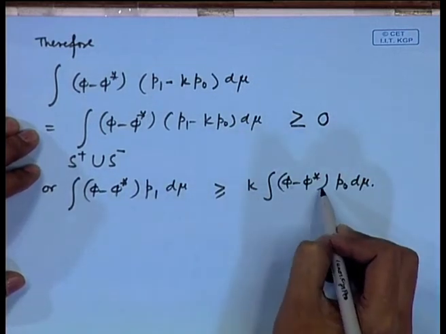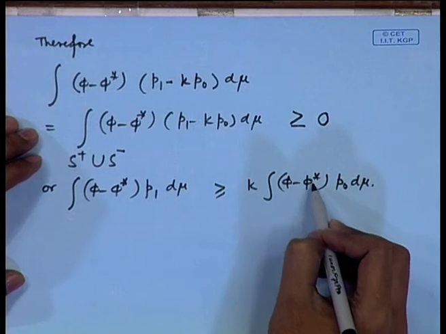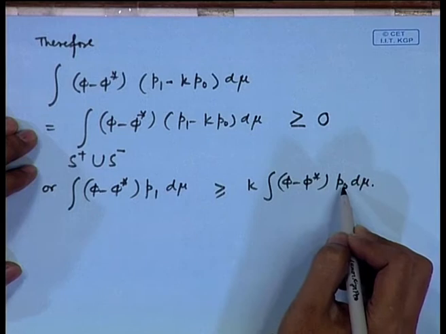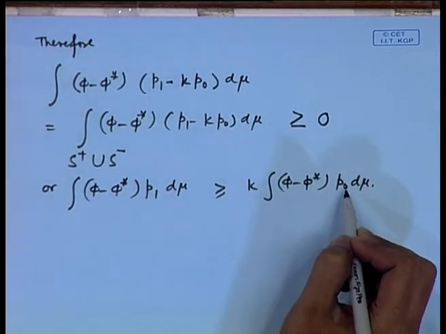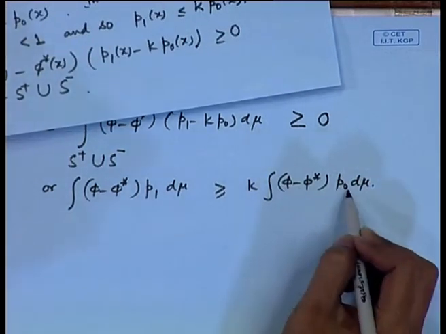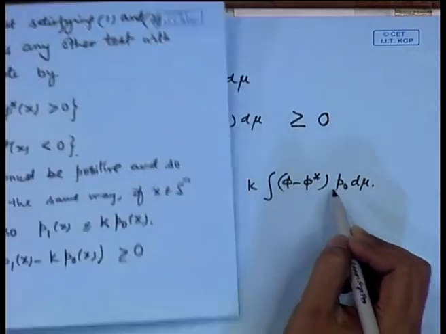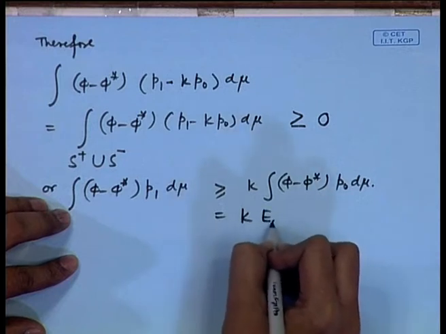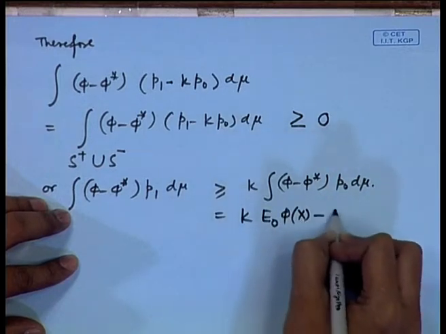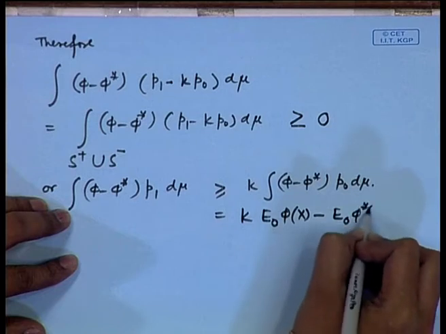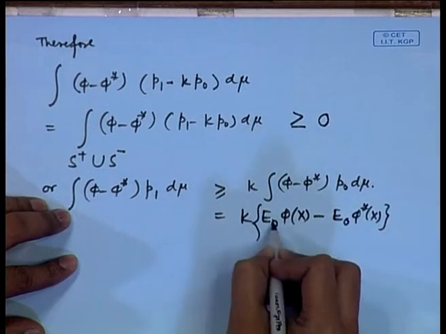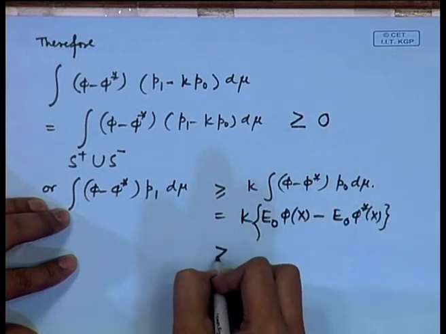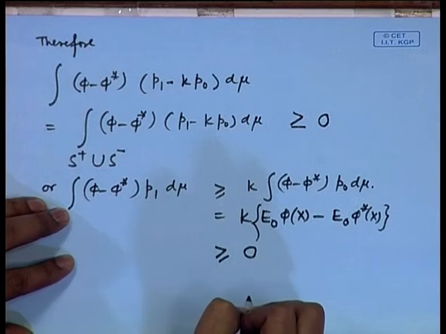Now, you look at the right hand side, this value is nothing but the expectation of phi under H naught minus the expectation of phi star under H naught. That is, we can write it as k times expectation naught phi x minus expectation naught phi star x. Now, expectation naught phi x is alpha and this value we have chosen to be less than or equal to alpha. So, this is greater than or equal to 0.